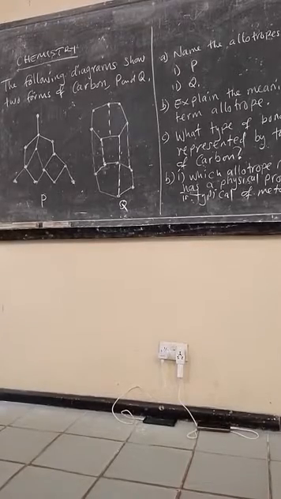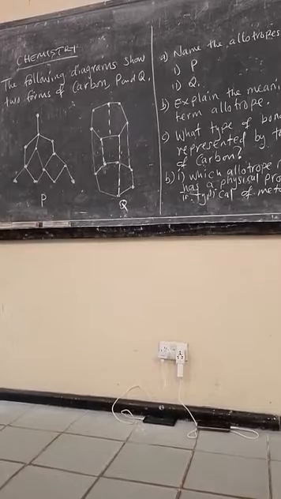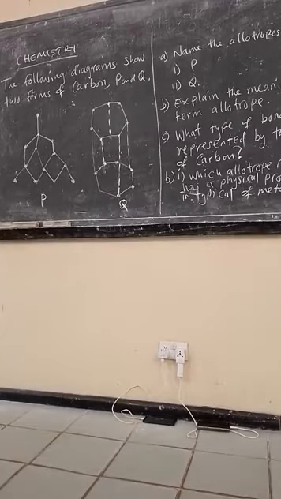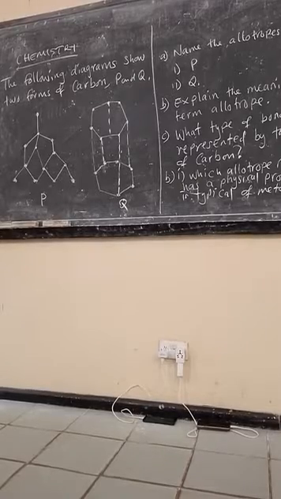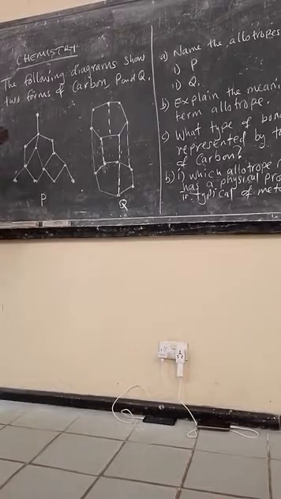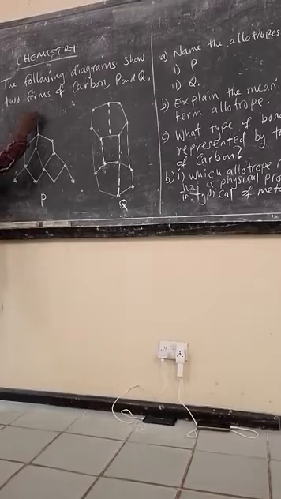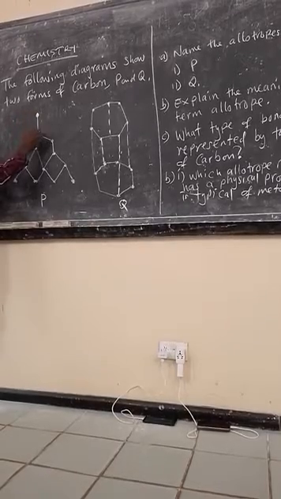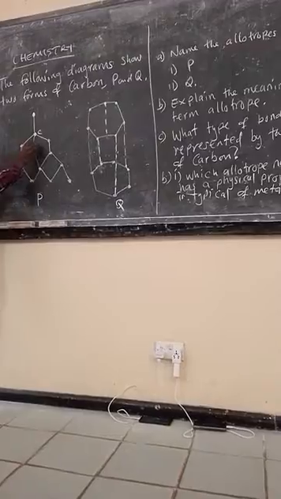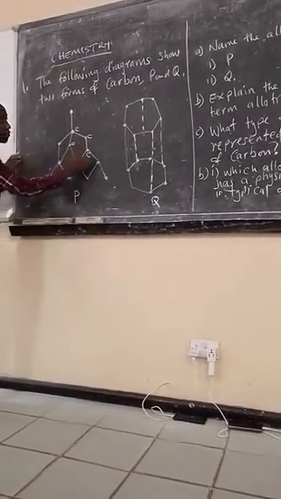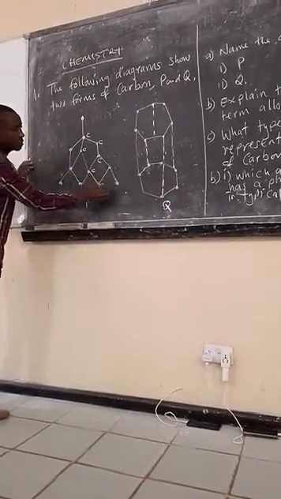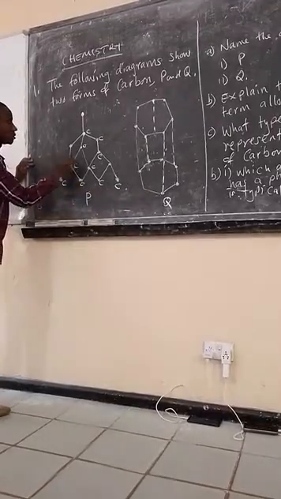Now, in that kind of bonding, you will find that every carbon atom is bonded to 4 others. Have you heard that one? So these are carbon atoms. Have you seen this dot here? It represents a carbon atom. So this is a carbon atom, carbon atom, carbon atom. All these are carbon atoms, in short.